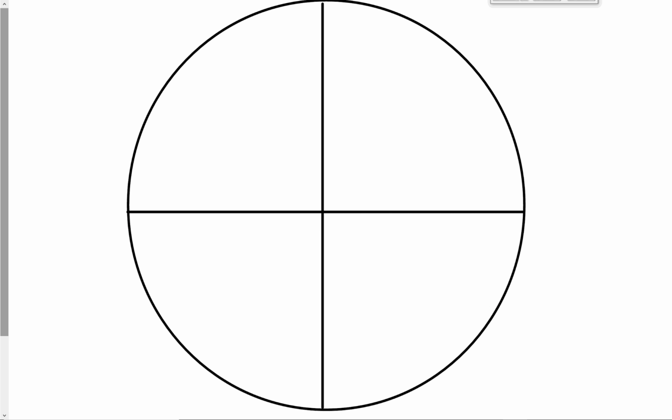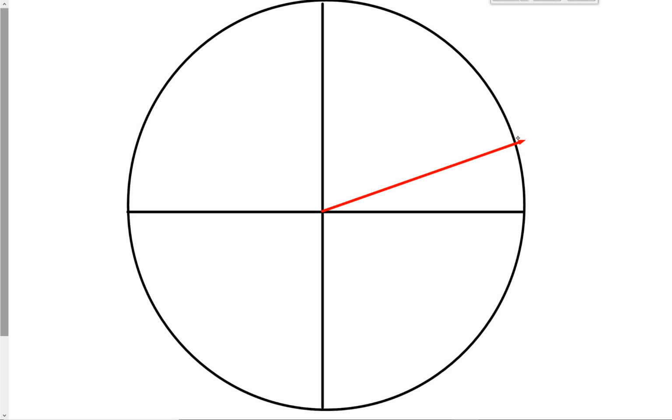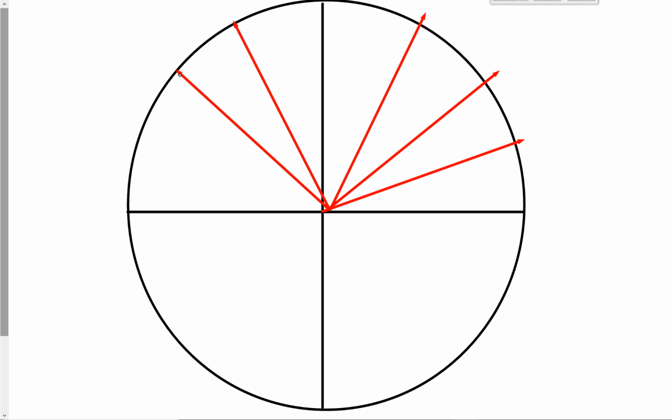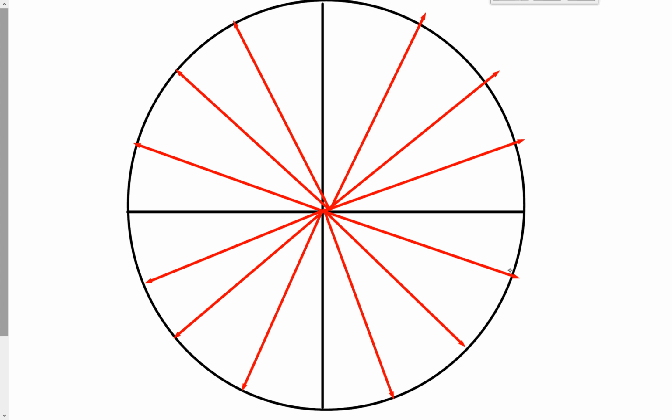And then we're looking at the angles. We're looking at 30 degrees, 45 degrees, 60 degrees, 90 degrees of course, 120, 135, 150, back to 180, 210, 225, 240, 270, 300, 315, 330, and back to 360.